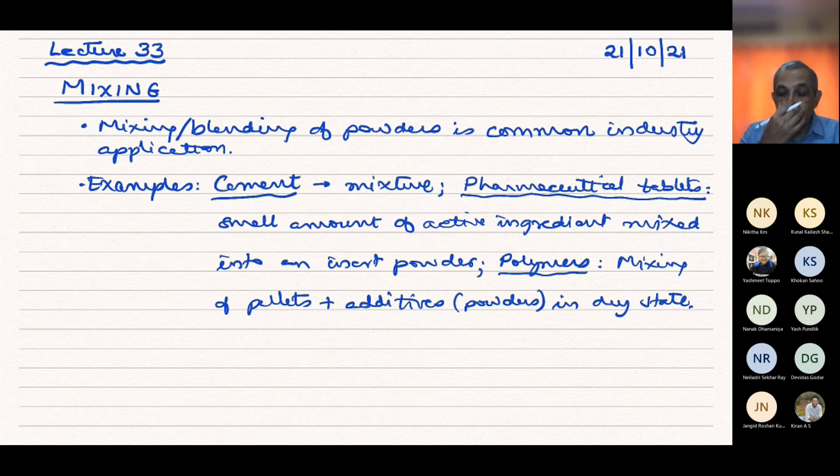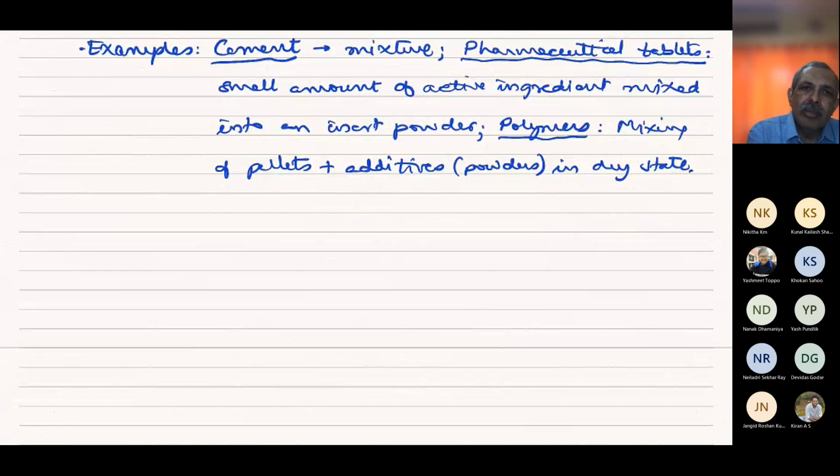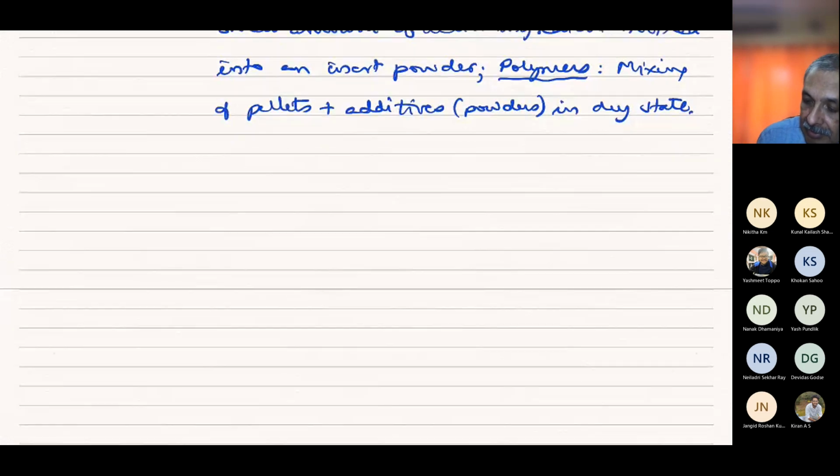So all these things have to be mixed together, and then usually the whole thing is melted and then further mixed. So this initial dry mixing is also quite important. So there are many, many examples of mixing, and so that's quite an important operation that we need to consider.